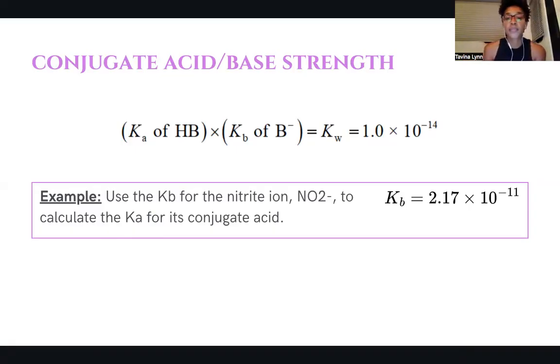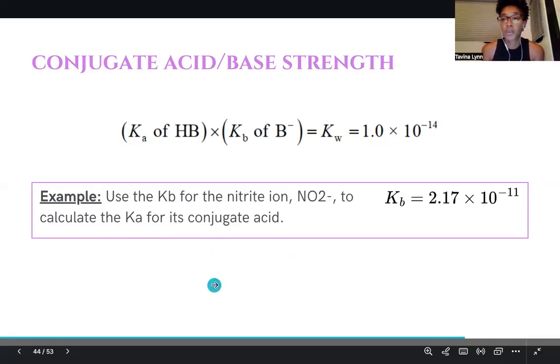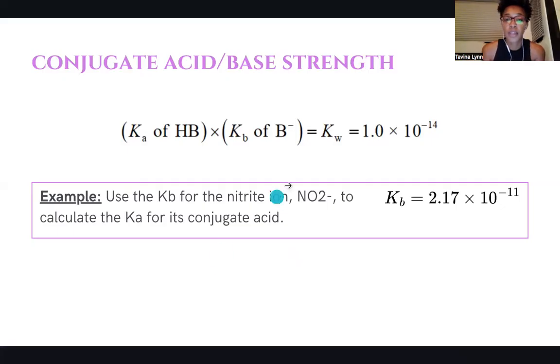So write that chemical reaction so that you can see that. Nitrite ion, its conjugate acid is HNO2. That hydrogen came from water, H2O, so we'll end up with hydroxide ions. And that is what this Kb is based on, the amount of those hydroxide ions that we have at equilibrium.